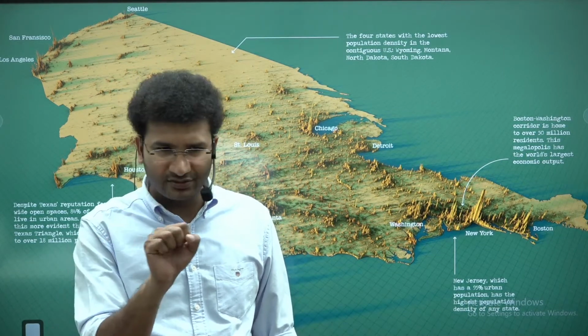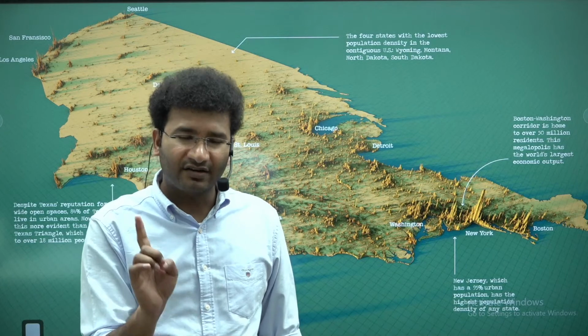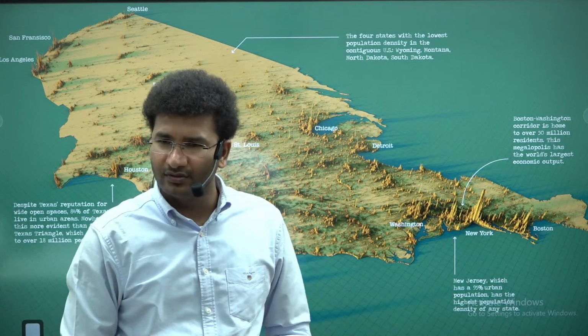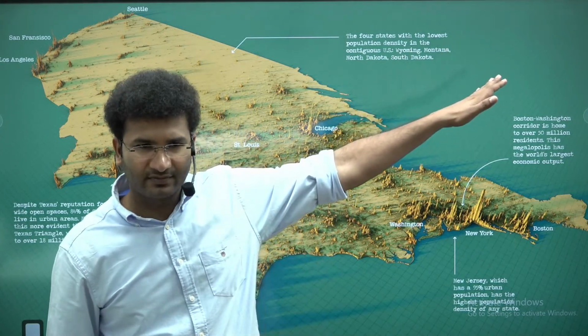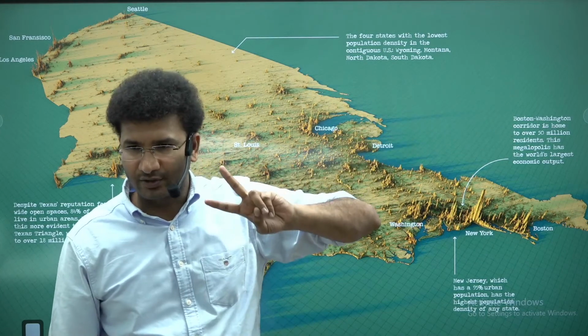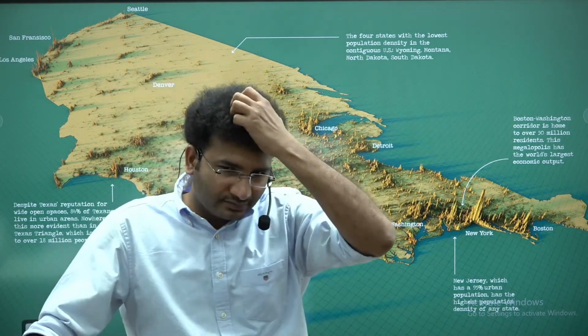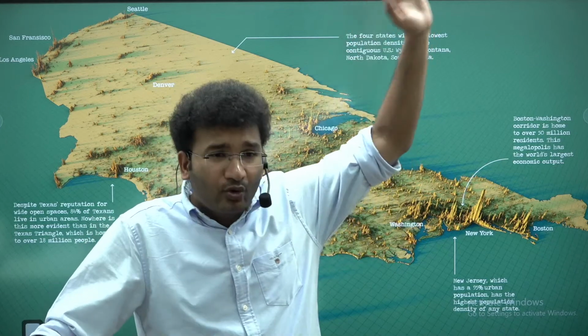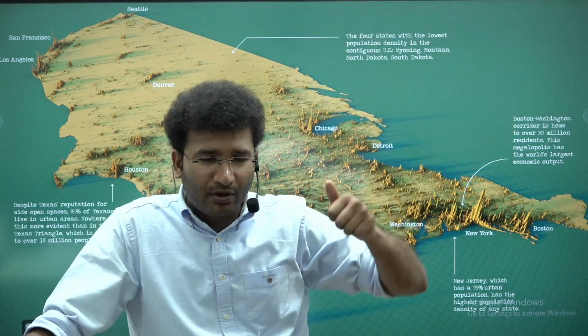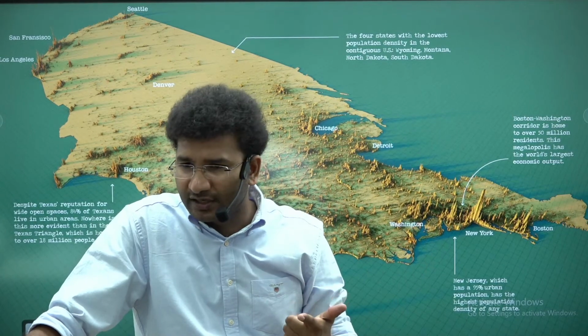Everyone would like to live next to their offices, no doubt. If the rental incomes are high, what would you do? You go to a far away place and live, right? Number two, for you to go to those far away places, if there is no proper rail connectivity, metro connectivity, road connectivity, what would you do?